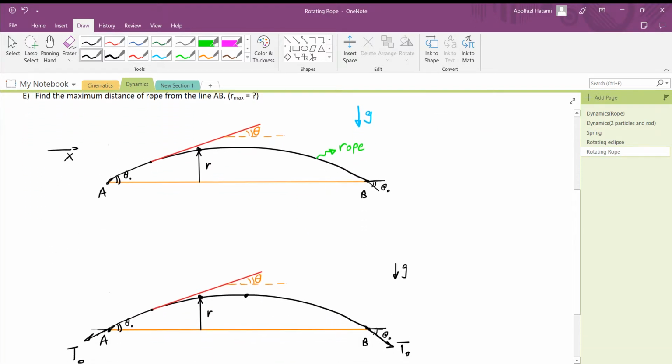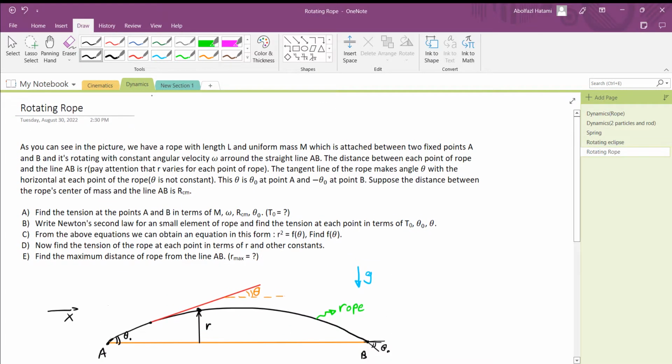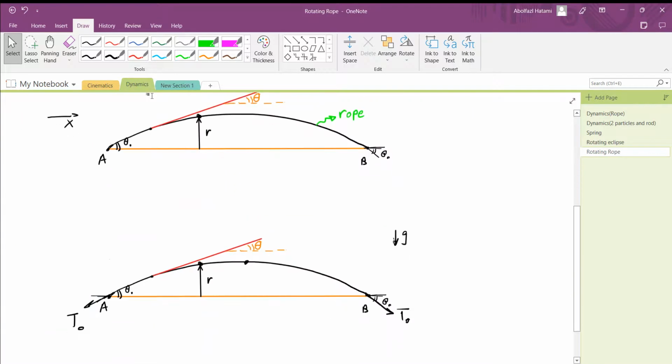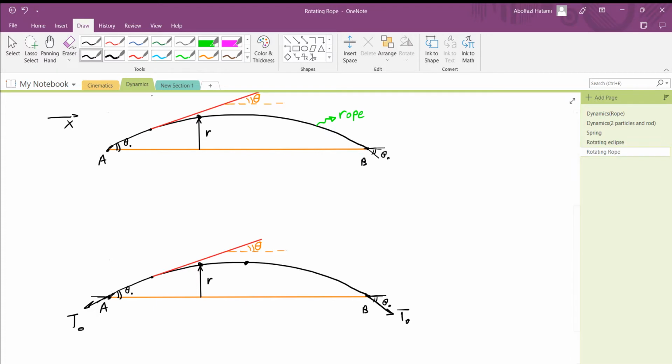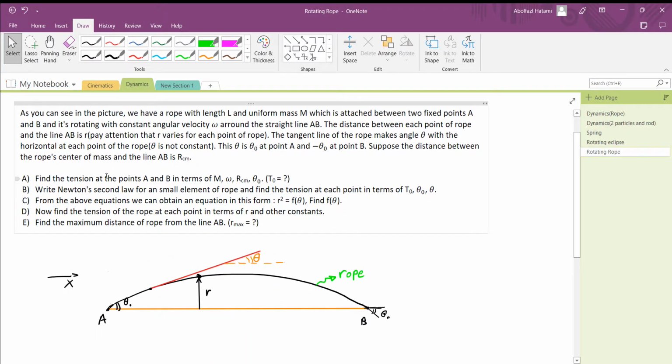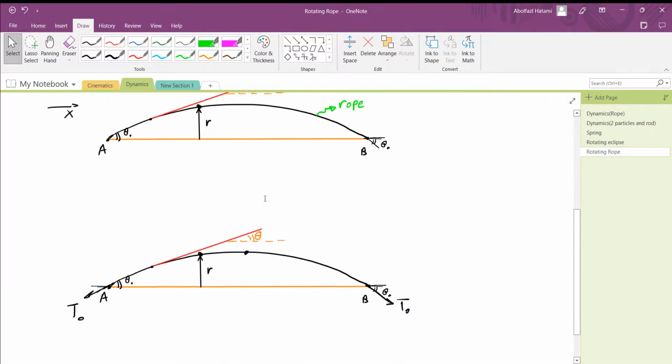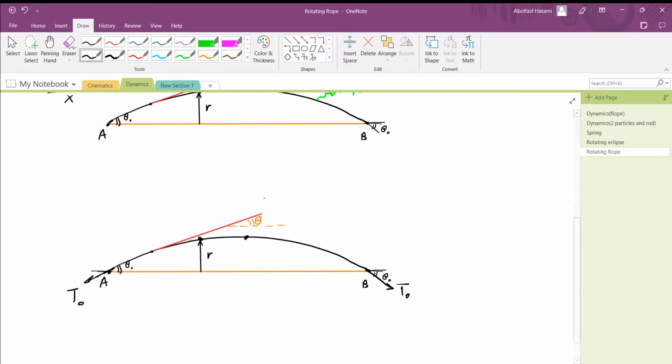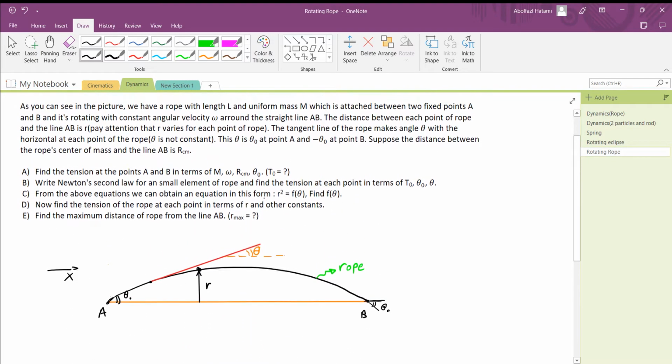Here we don't have G. We don't have any gravity in this problem. Sorry about this. If we want to find the tension, it might also be a function of gravity, but here the question says in terms of M, omega, RCM, and theta 0, and not g. So it was my fault. We don't have any gravity in this problem.